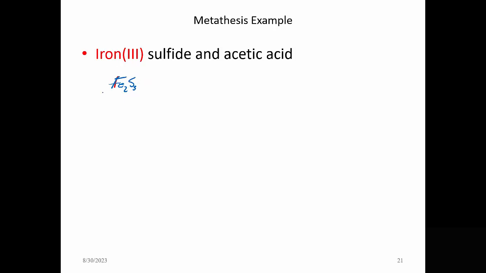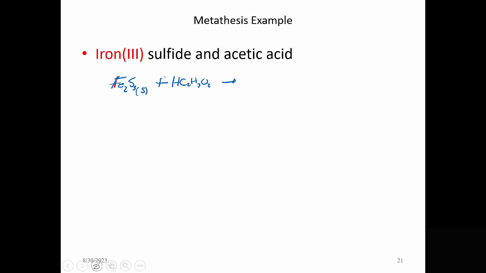Sulfides are all insoluble except for group 1, ammonium, and group 2, so this is going to be a solid. And then acetic acid. There are different ways you could write acetic acid, but probably the most common way people write it is HC2H3O2. And acetic acid is going to be aqueous, so as I said before, I'm not going to write aqueous on here.